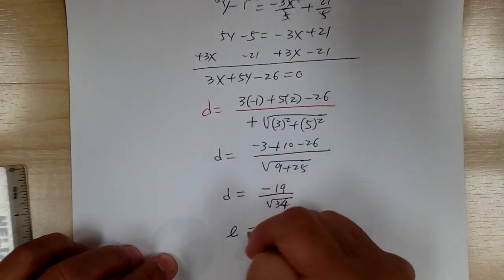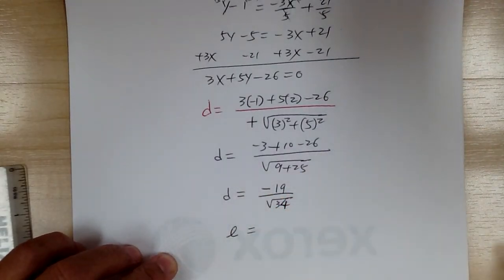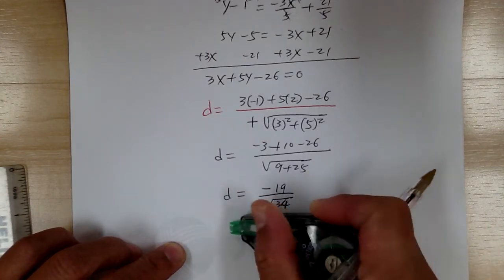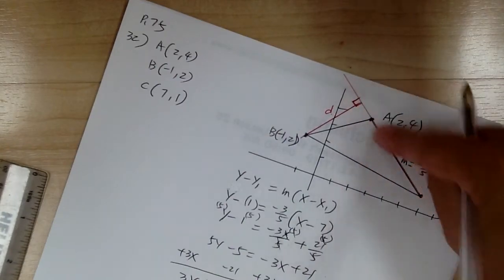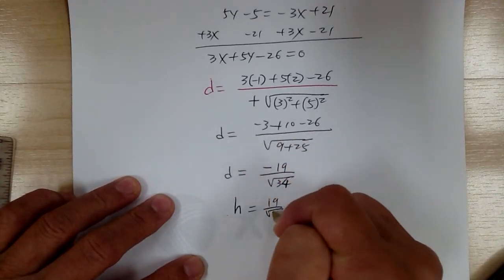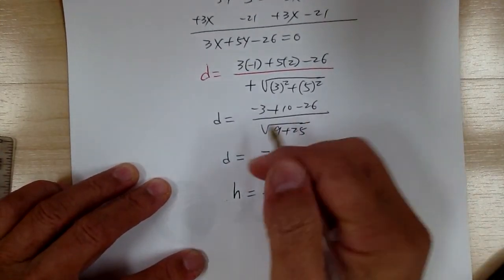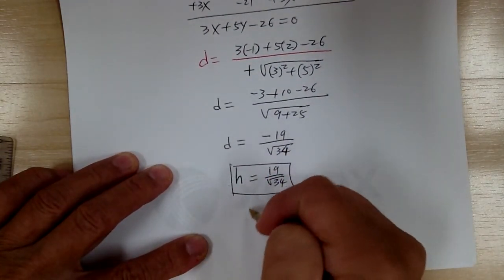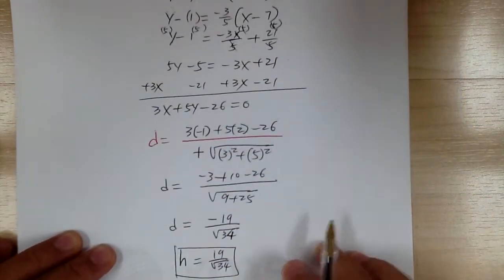I'm going to call it the height of the triangle, h, because you have to figure out the area. If you look at the triangle, here's your base, and here's your height. So the height is going to be equal to 19 over square root of 34. If you want to simplify, that's fine, but you don't have to.